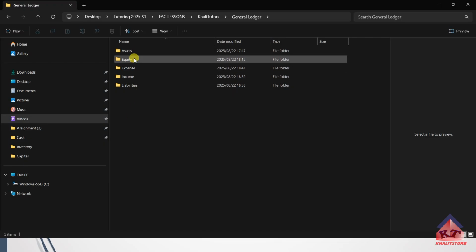Okay, then we move on to equity. Whenever we record an increase in equity, we record this on the credit side of the equity account. Whenever we record a decrease in equity, we record that information on the debit side of that equity account.